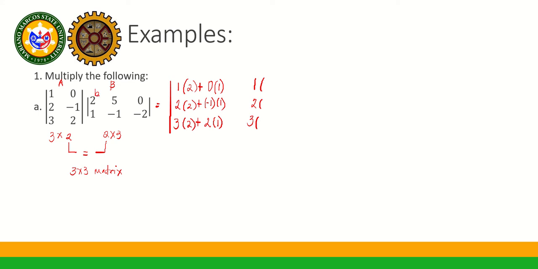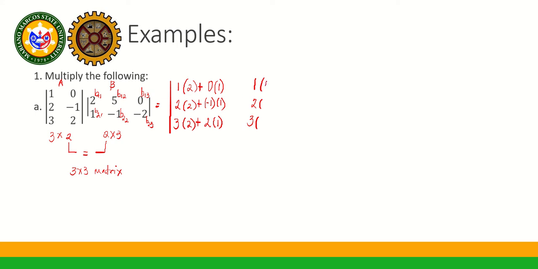This is B11. This is B12. And then B21. B12 and then B22. Then this is B13 and this is B23. So yung first column ng matrix A natin, i-multiply natin sa B12 element ng matrix B.